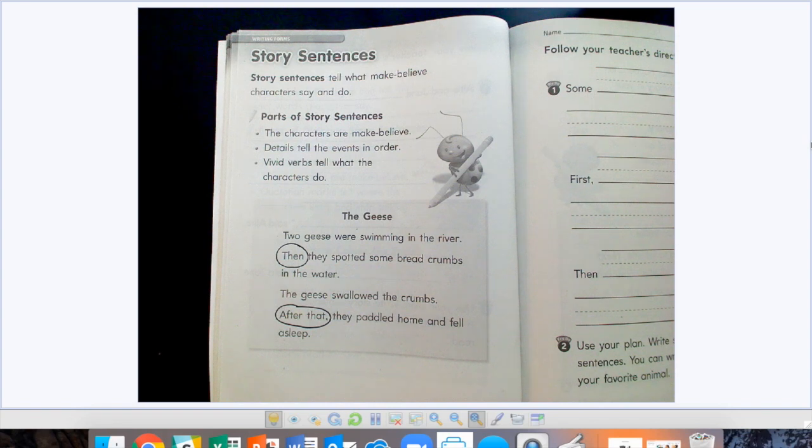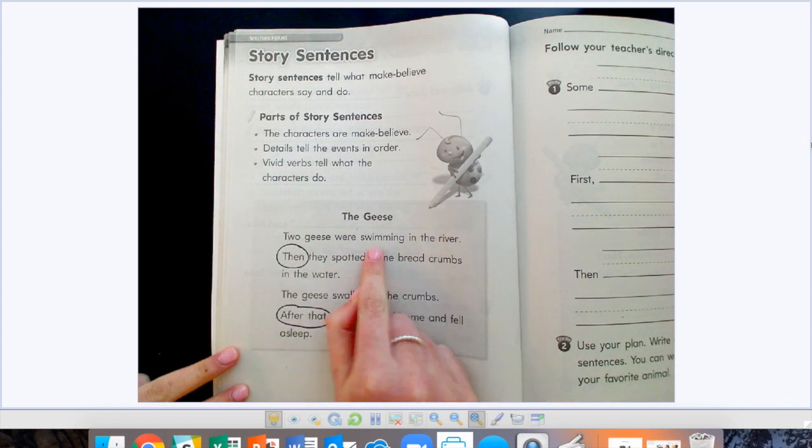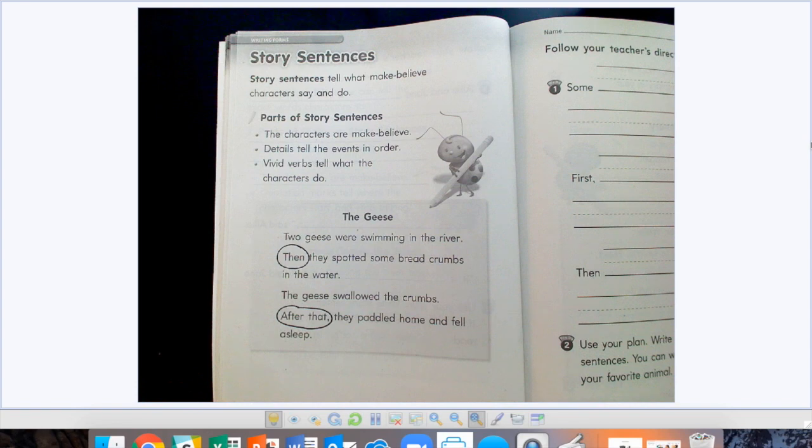So let's start in the first sentence. Two geese were swimming in the river. Which word in this sentence is an action word or a verb? You're right, swimming. We are going to underline the word swimming.